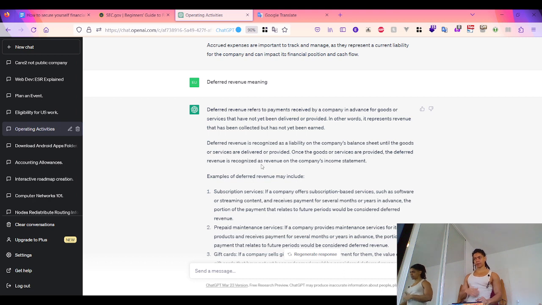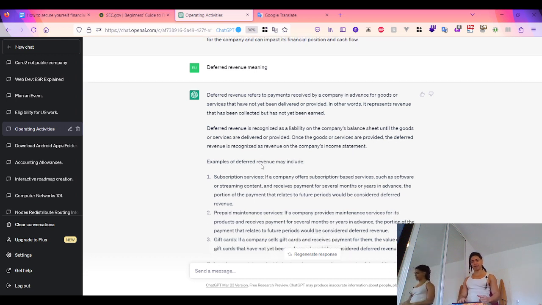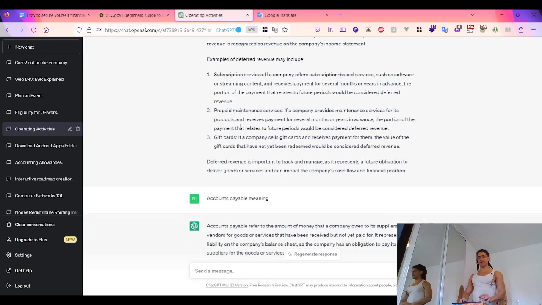Okay, it is payment that I made for goods or services that have not yet been delivered or provided. Okay, so deferred revenue, okay, is subscriptions, prepaid maintenance, and gift cards.